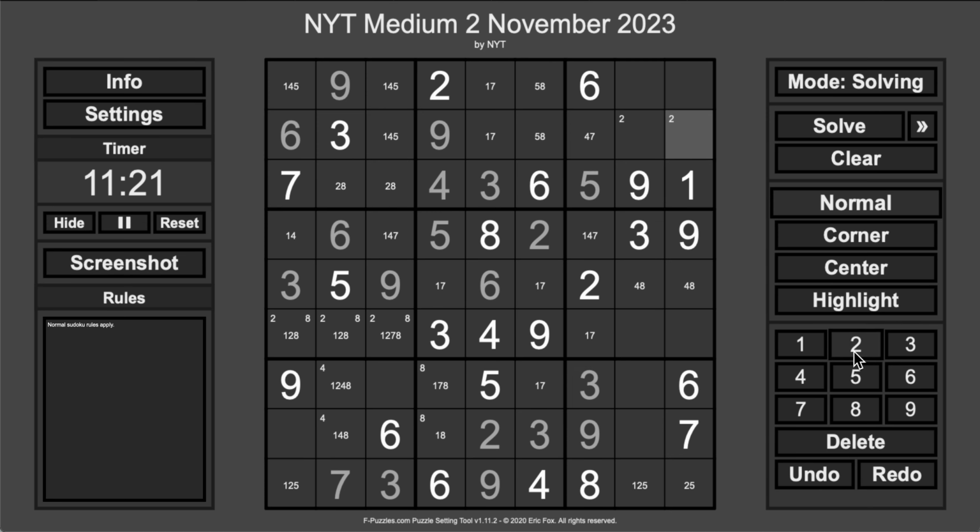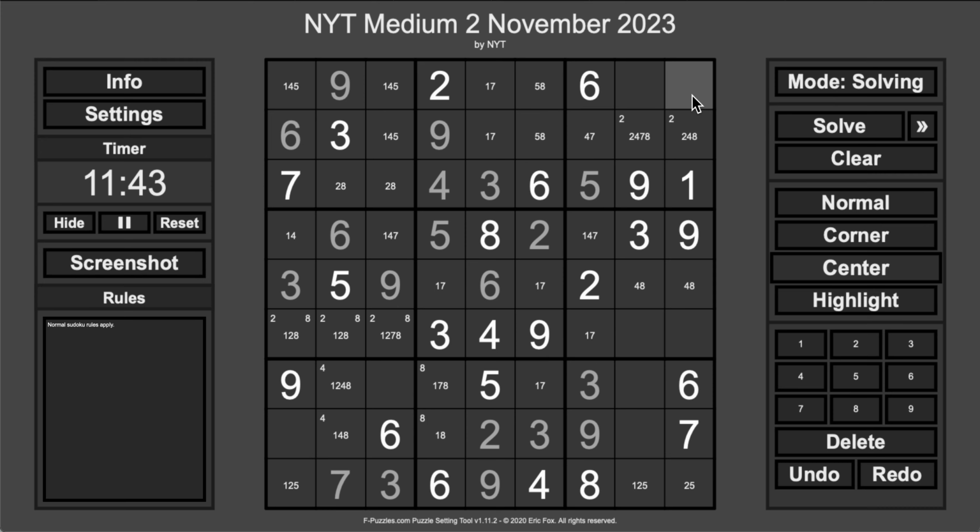Yeah, whoops. This one sees 1, 3, 5, 6, 9. So it goes like that.